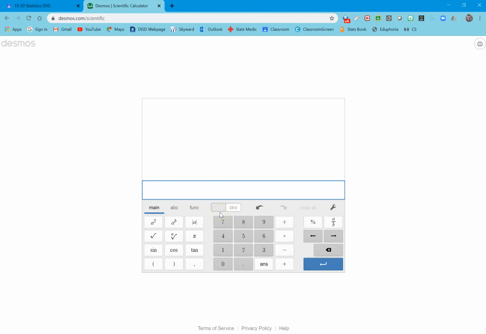So we're going to start with our parentheses. So 0.44 minus 0.35. Let's go ahead and do minus first. The Z star, which is 2.576.